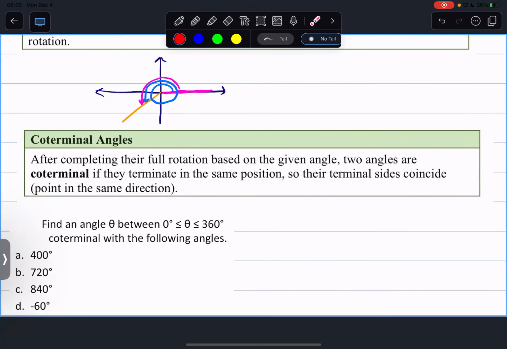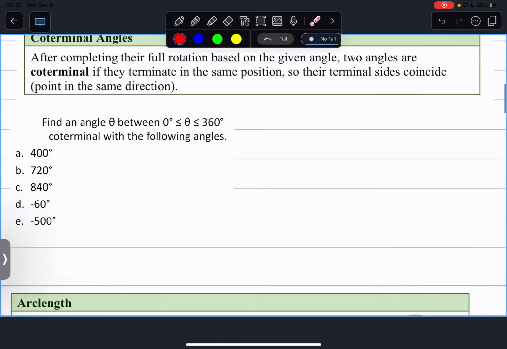So if two angles are coterminal, they terminate in the same position. If you end up in the same position, then essentially how we're going to use this is to boil down where this terminal side is. We're going to reduce the full rotation. It could be 4 rotations around, but really we just want to know where the terminal side is in these quadrants.